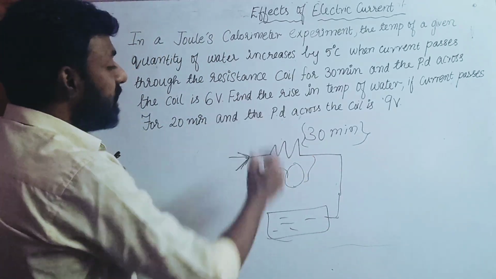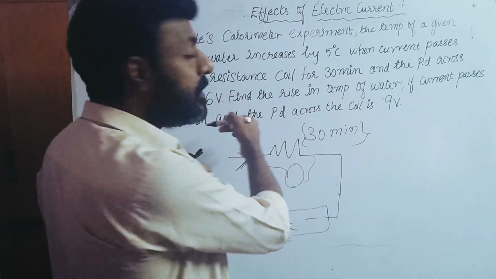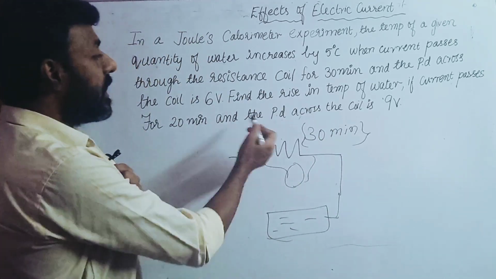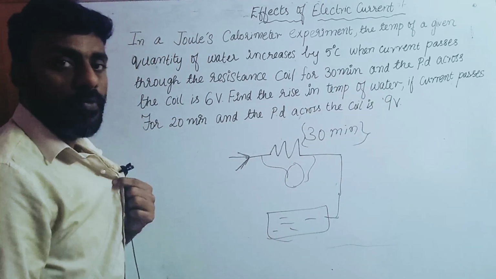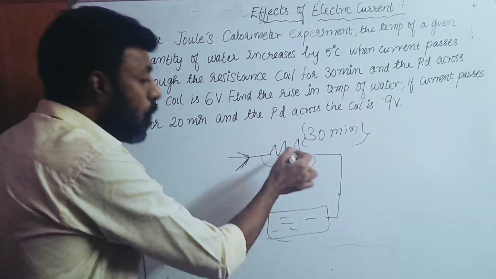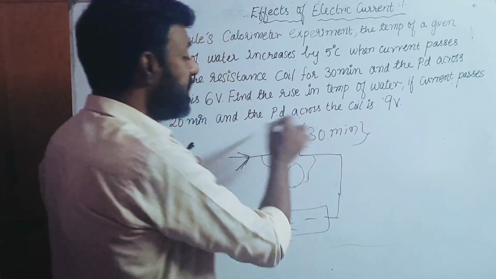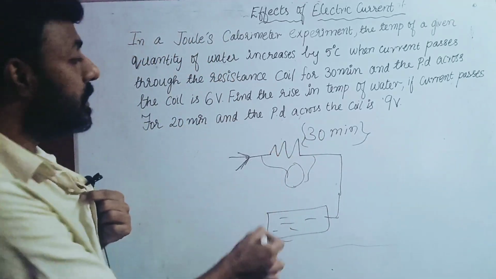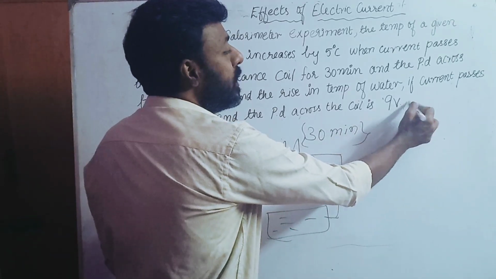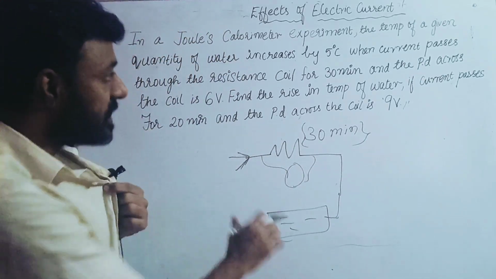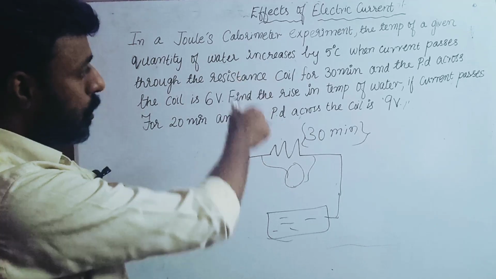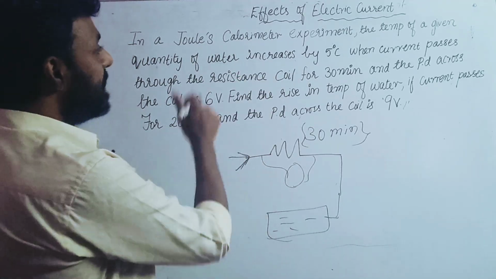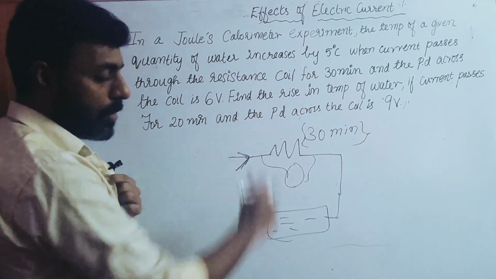Now they are changing the time interval from 30 minutes to 20 minutes, and they are asking us to find the rise in temperature of water if the voltage measured across the resistance coil at that instant is 9 volts. So that is the explanation of this numerical question. Okay, so let's get started with the problem.